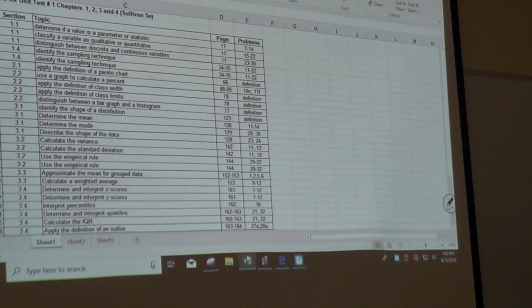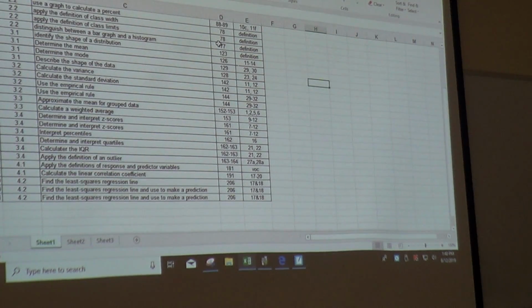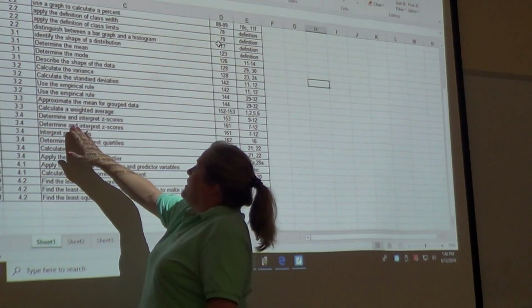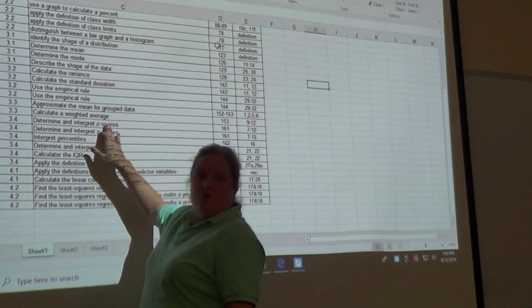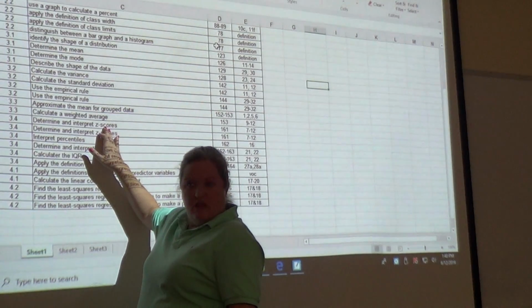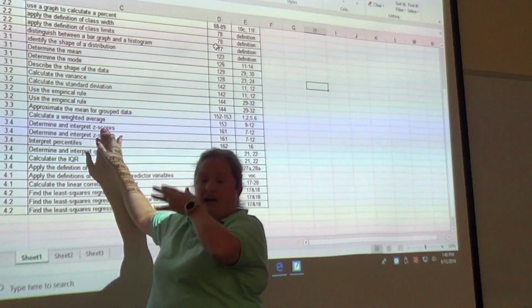Now, let's look for just a second at what we've done so far today and what's on your test. Determine and interpret z-scores: data minus mean over standard deviation. What does it mean? I'm 2 jumps below, I'm 1 jump above, how do they relate?